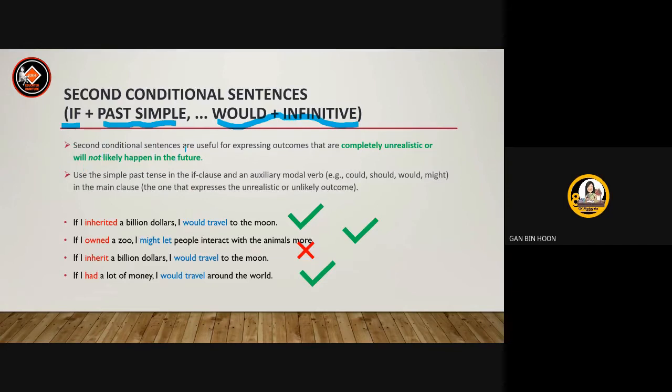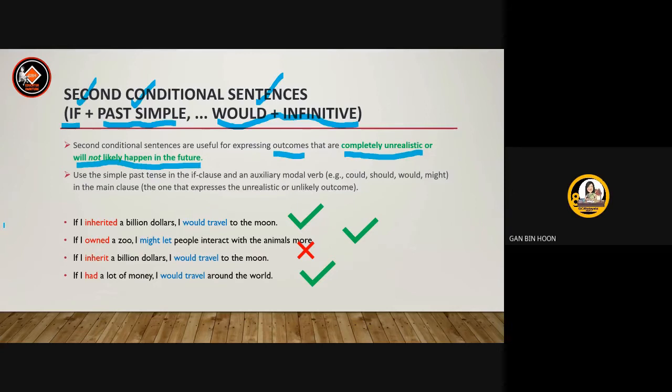Second conditional sentences are useful for expressing outcomes, keputusan, kesan, that are completely unrealistic. Bila awak guna formula if dengan past tense dengan would, perkara yang nak diterangkan adalah unrealistic, tak logik, tak mungkin berlaku, or will not likely happen in the future.